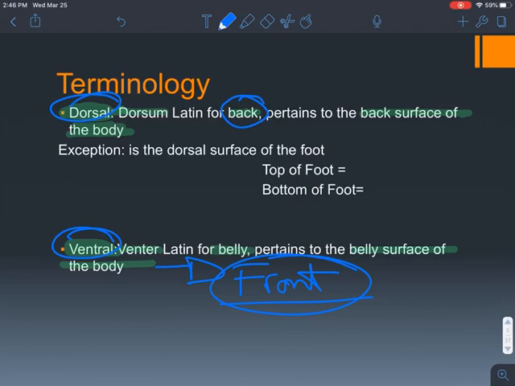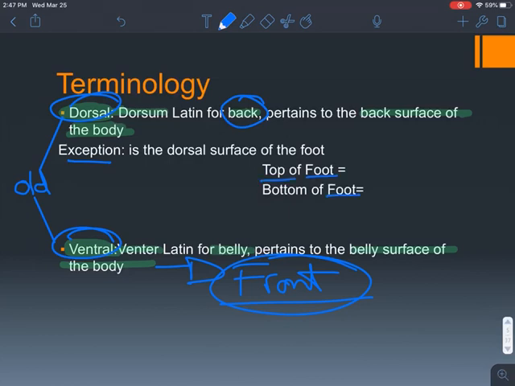These two terms are definitely used today in medicine. They're also used in veterinary medicine with animals. But these are kind of older terms, and I still want you to know them. Now, the exception is when we're talking about the foot.